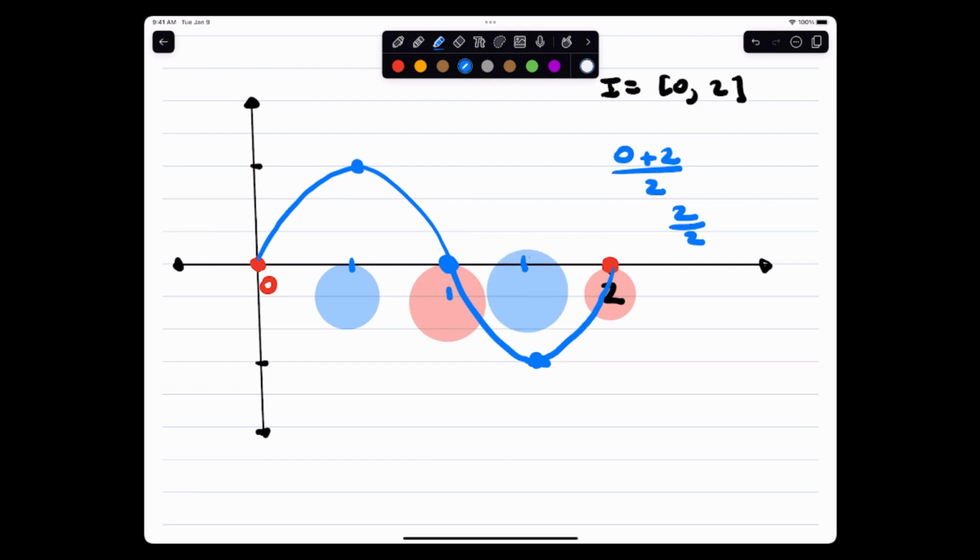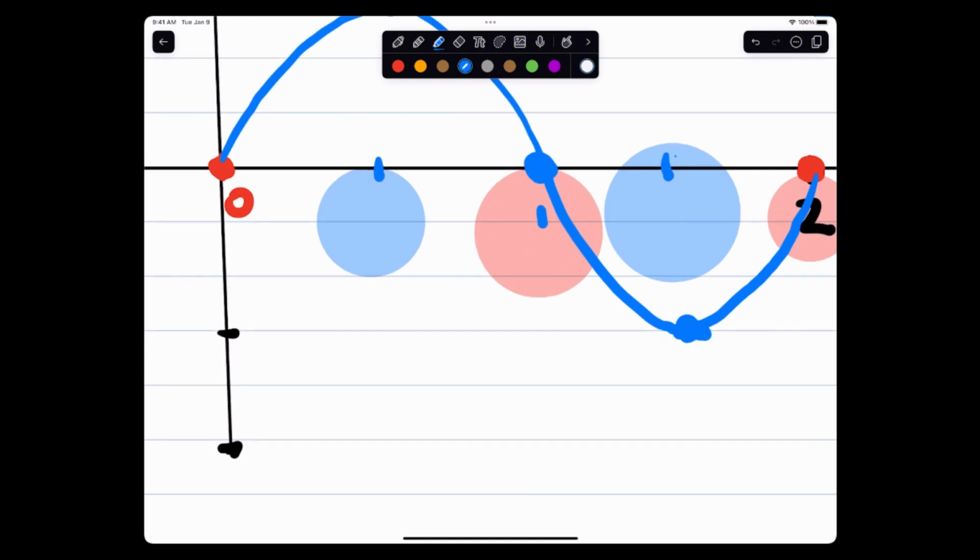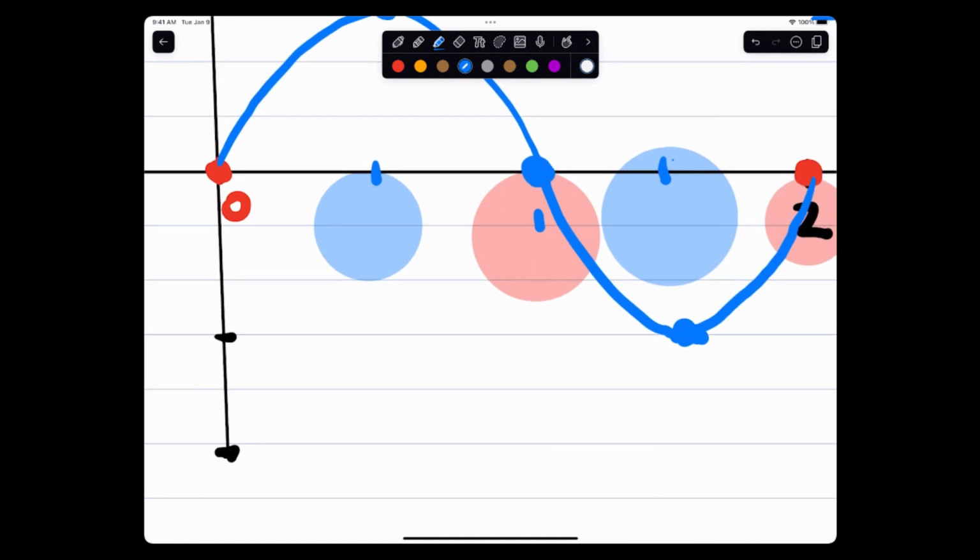So what is midway between now 0 and 1? Do you guys know? What's midway between 0 and 1? Is it 1/2? How do you know? You do some arithmetic. 0 plus 1 divided by 2. What is that going to be?